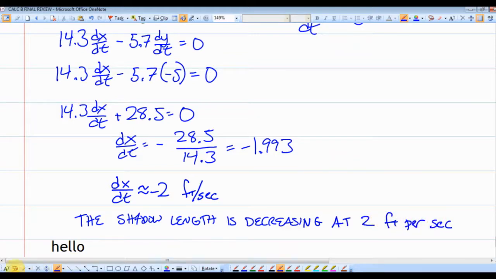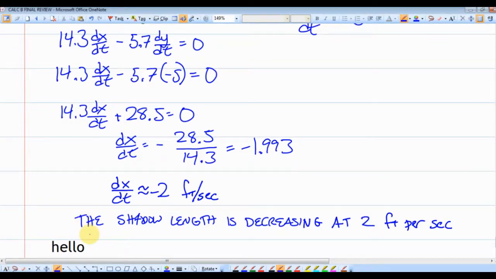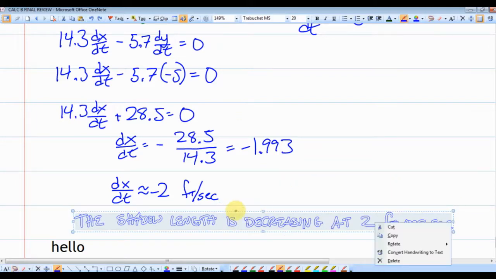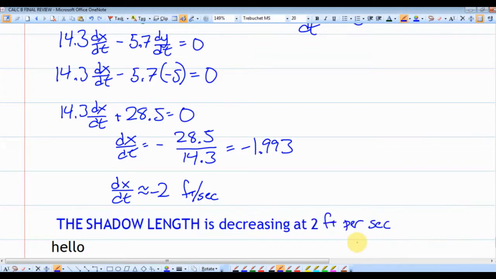Do you think I could turn that into text? What's wrong with that? It's going to mess up the shadow. We'll see. Boom! Wow, it didn't do per second.